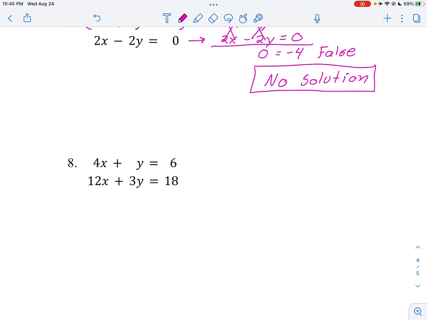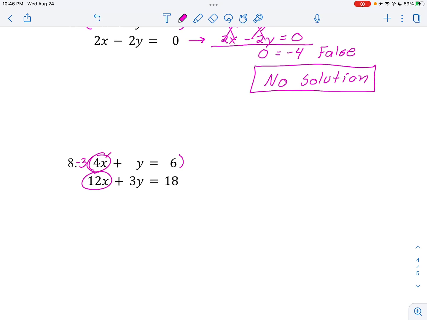So, for this one, again, I could choose to use substitution. I could get that y by itself and then plug that into the other equation. Or I could do elimination because I've got a positive 12x here, which means I could turn this into a negative 12x very easily by multiplying by a negative 3.